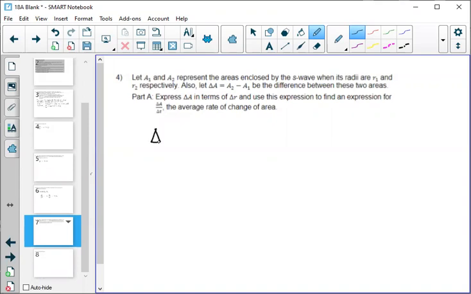So we could take delta A over delta T and write it as 2.1 pi times R2 plus R1.